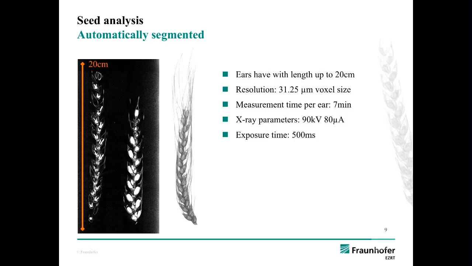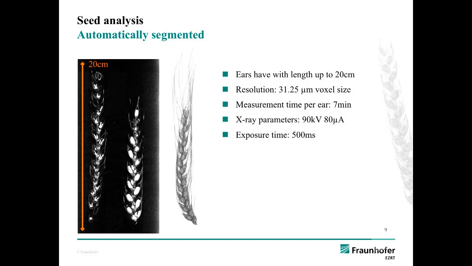We can measure ears with that system up to 20 centimeters length in a resolution of 31.25 micrometer voxel size, which means, you know, from a 2D image, a pixel, and in 3D it's a voxel, so it's a cubic, and the voxel size is then 31.25 micrometer.